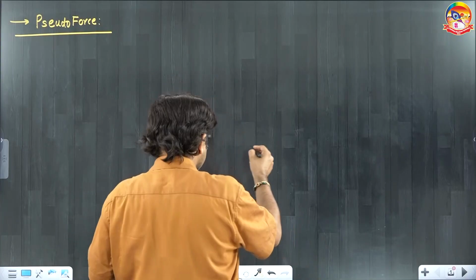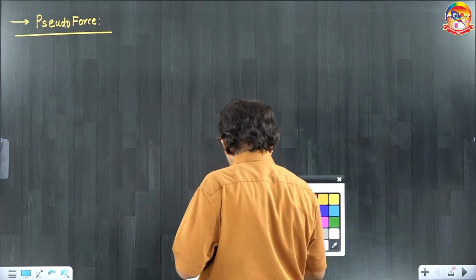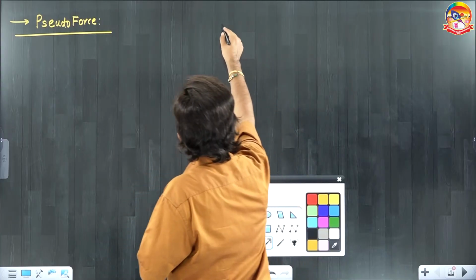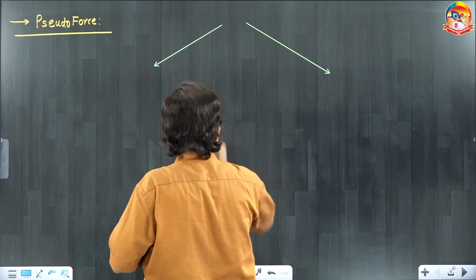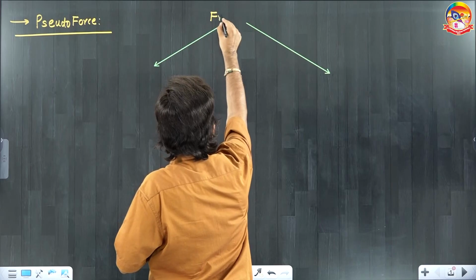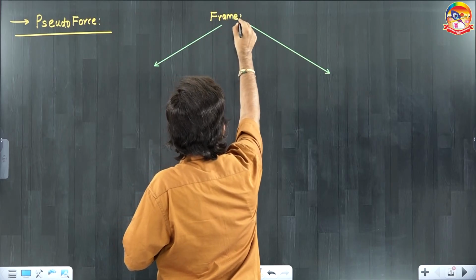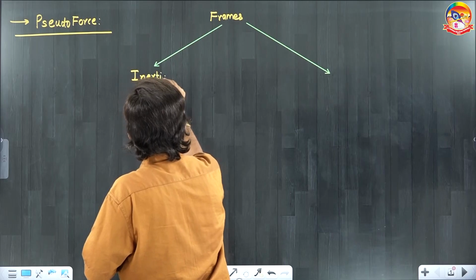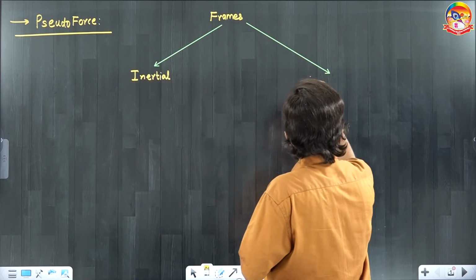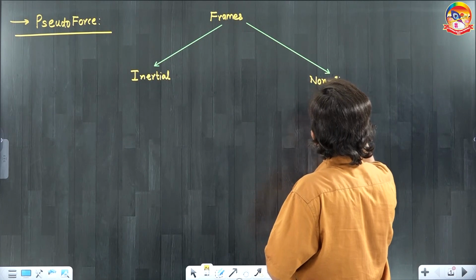So based on that, we talk about two different kinds of frames, frame number one and frame number two. The basic frames that we talk about are inertial frames and non-inertial frames. Now what is the meaning of inertial and non-inertial?